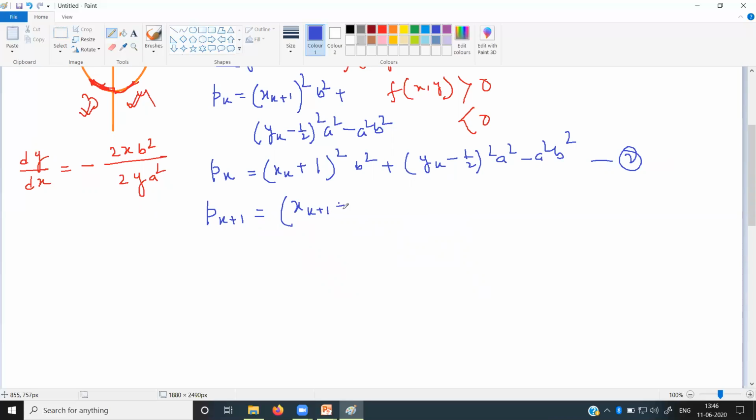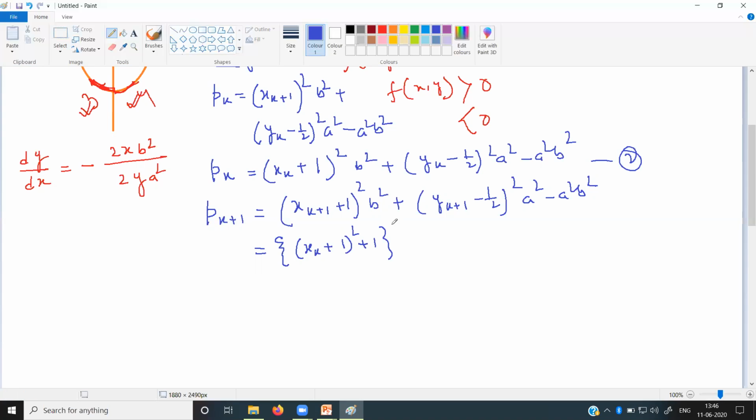So it will be x of k plus 1, plus 1 square, b square, plus yk will be replaced by y of k plus 1 minus half, a square, minus a square b square. Clear? And now we can again simplify it.